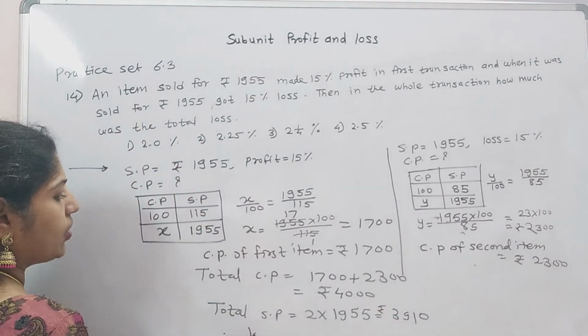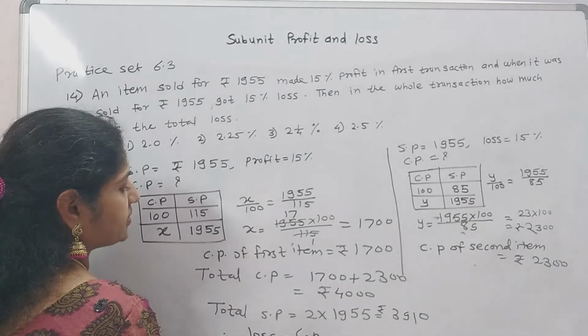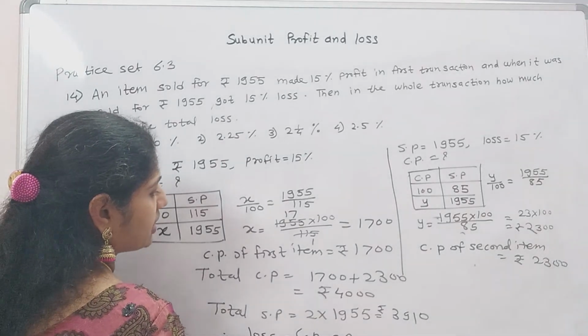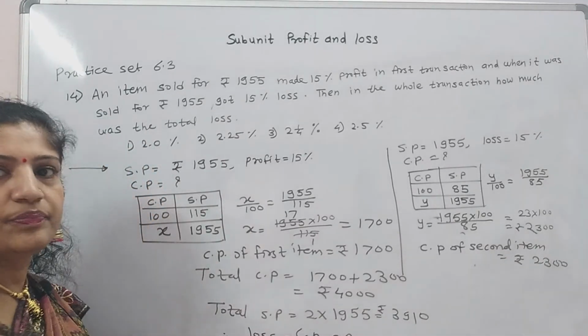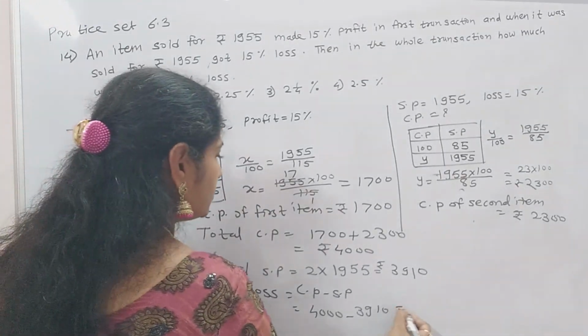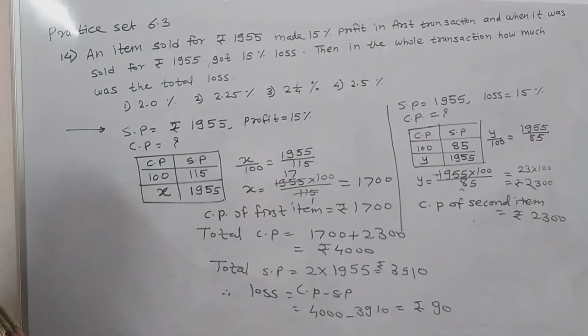So there is the loss because selling price is less than cost price. 4,000 minus 3,910, in the example, rupees 90. Loss is equal to rupees 90.